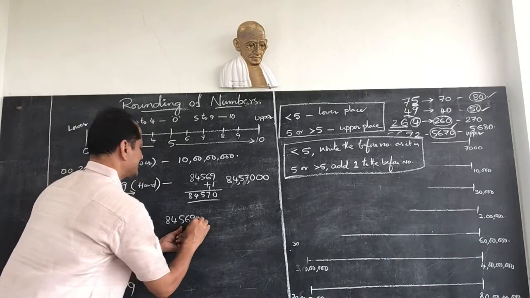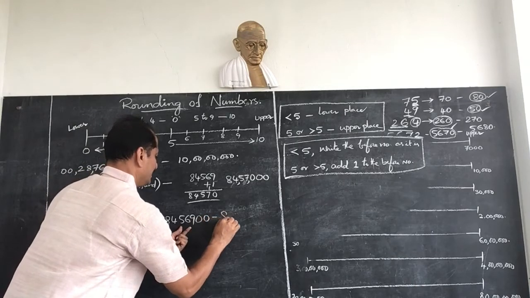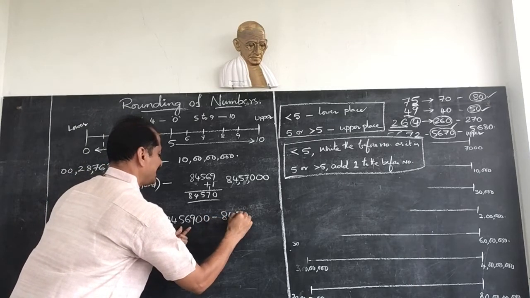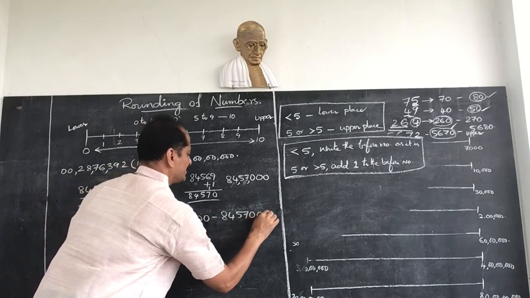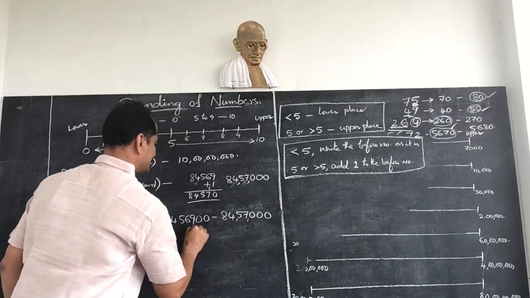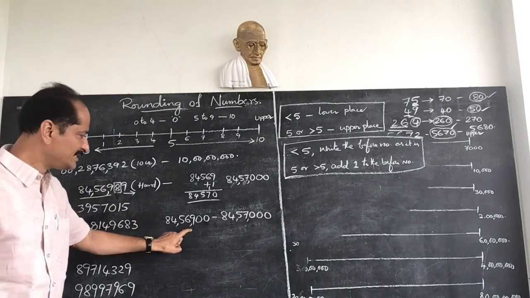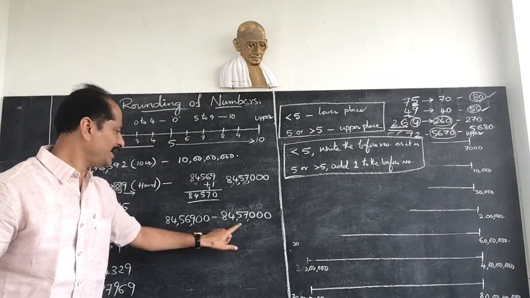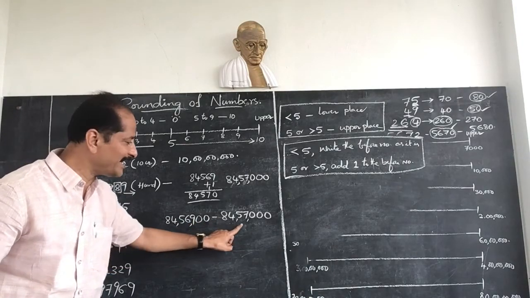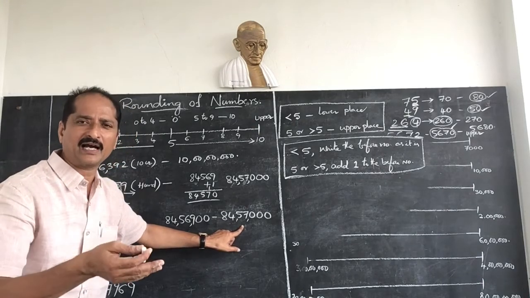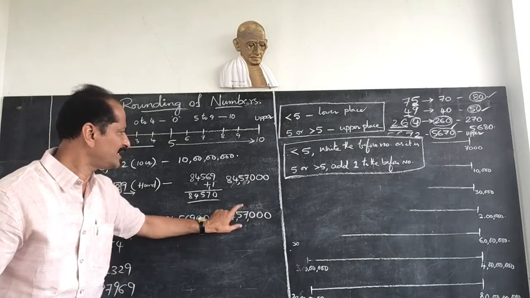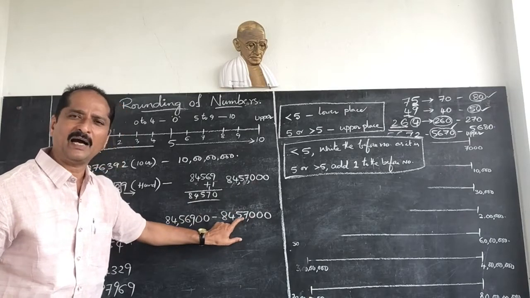So this is hundreds. 84,569 after 570, 00. So this number is in between this hundreds and this 100. మరి lower 100 కి రౌండ్ అప్ చేయాలా, upper 100 కి రౌండ్ అప్ చేయాలా? Upper 100. Upper 100 means this one. So 8457000. See, upper 100 కి రౌండ్ అప్ చేయాలి.